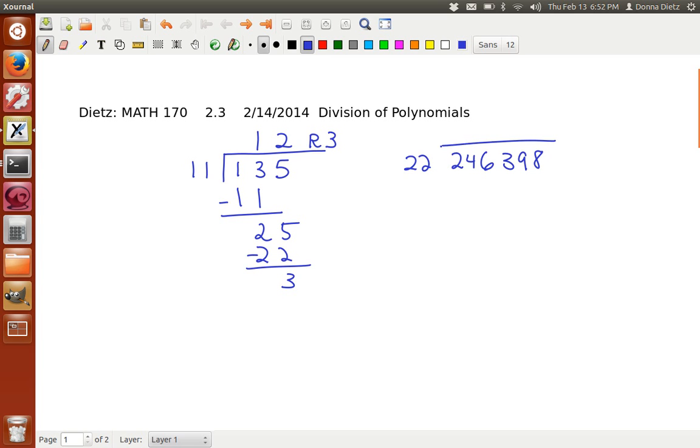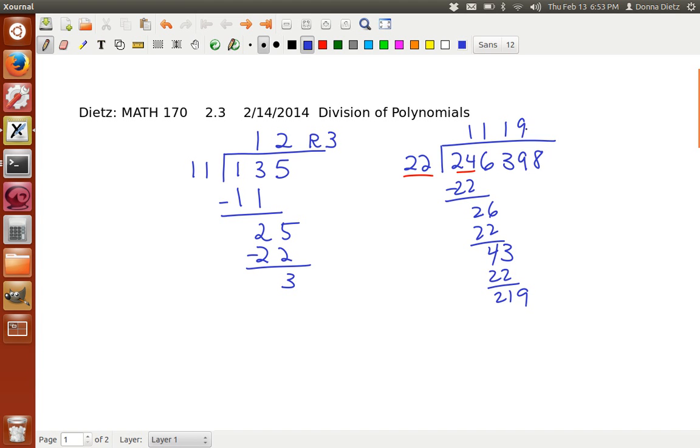Again you just say, how many times does 22 go into 24? 1 time. Subtract. 22 goes into 26 1 time again, and 22 goes into 43 almost twice, but not quite. Sorry, no cigar. Okay, 21, drop the 9, and we hope this is 9.